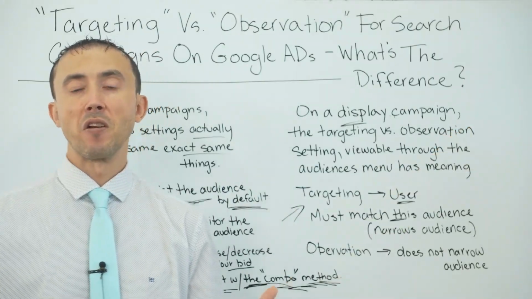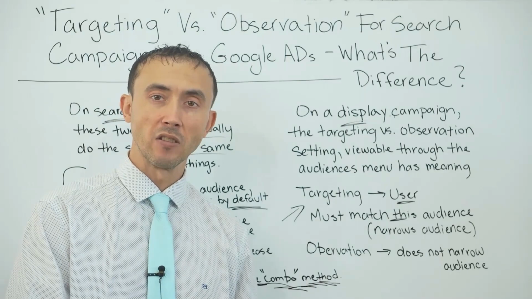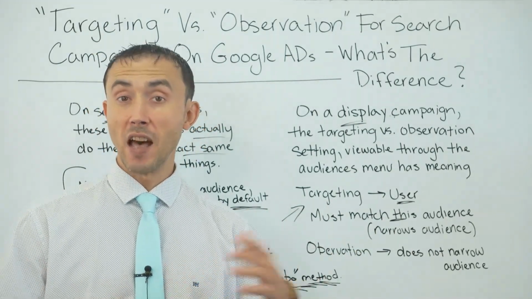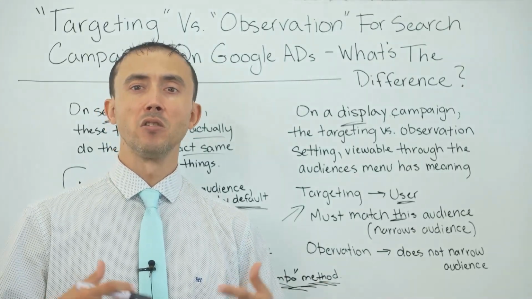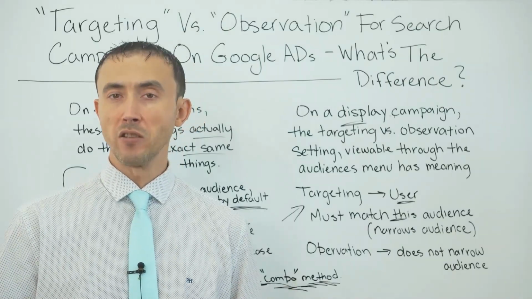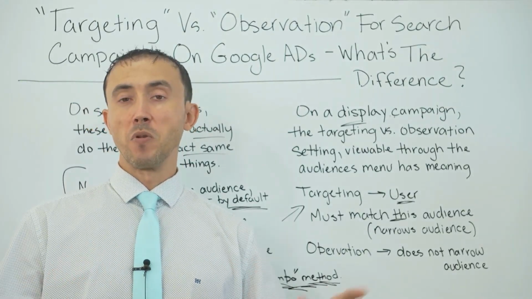So now people that are looking for a gift actually see our ad when they're typing in wedding rings, gold bands, stuff like that. And when they're not looking for a gift, they're not going to show. So that weeds out all the looky-loos, tire kickers, people who want to see interesting photos and use our website for general research. So that's the combo method right there, and it worked beautifully in that case.